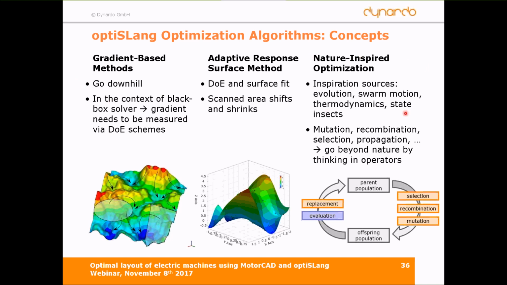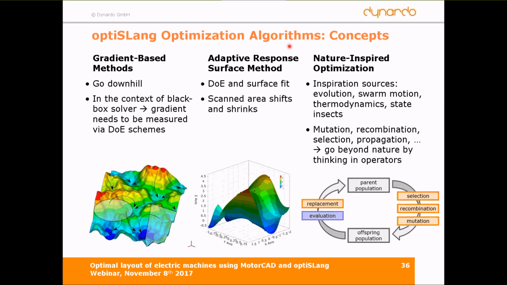There the idea is to try out lots of parameter combinations, use survival of the fittest as the principle, and use operators for selection, pressure, recombination, mutation, and other inspirations from, for example, thermodynamics and simulated annealing. Gradient followers are slim and efficient and go downhill, but if there are local minima, you end up either here or here. Global optimizers are powerful for global search, but you might need several hundred designs.